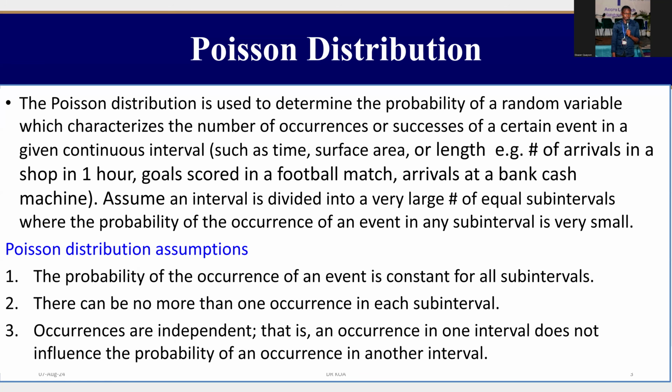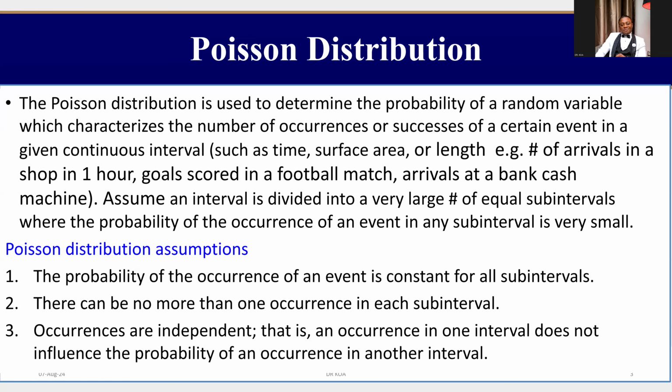So when you say that a goal was scored in the football match, you are saying that a goal was scored in a match that lasts 90 minutes. So how many goals were scored? It's based on time. And then you can have the surface area of a place, or the length of something.